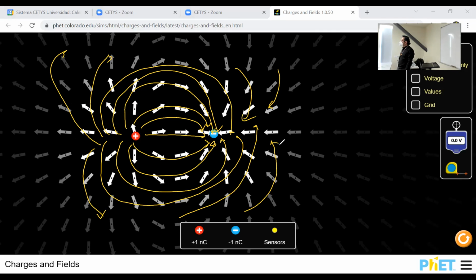Now, one curious thing about electricity and about magnetism is that with electrical charges, there can be the possibility of positive, positive, negative, negative. Those are going to be repulsion. And then there's a dipole with positive, negative, where one feeds into the other. With magnetism, we're always going to have two poles.